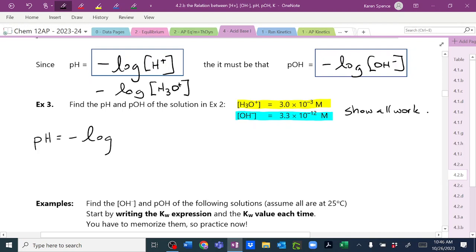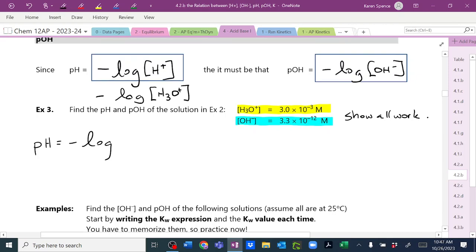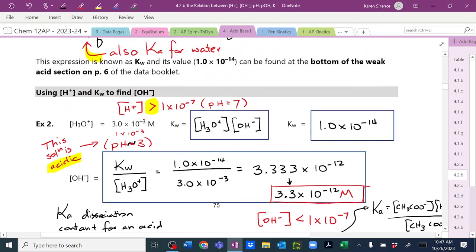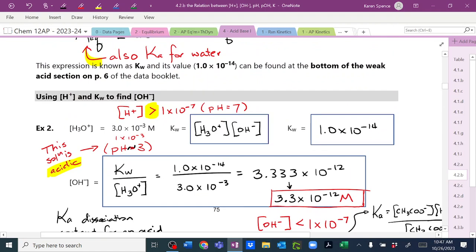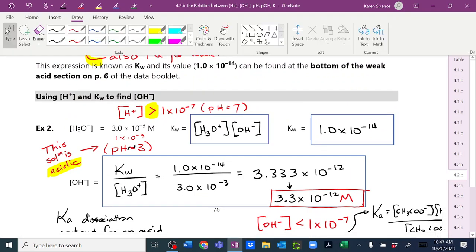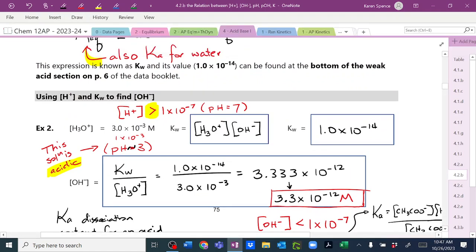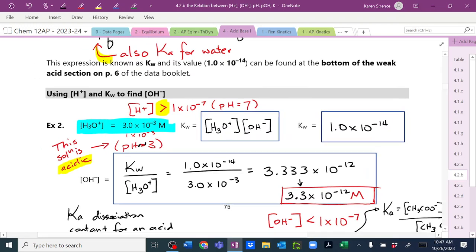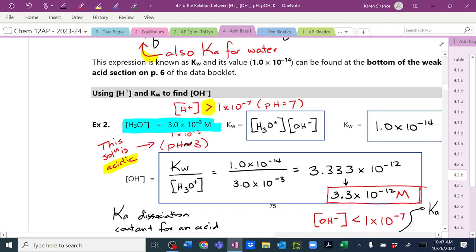I've had a couple of questions, and I wanted to go over them just to make sure we're good. The first question was, how can we have this concentration of hydronium and a different concentration of hydroxide? What has happened is we had some water and we added some acid to it, maybe some HCl, okay?